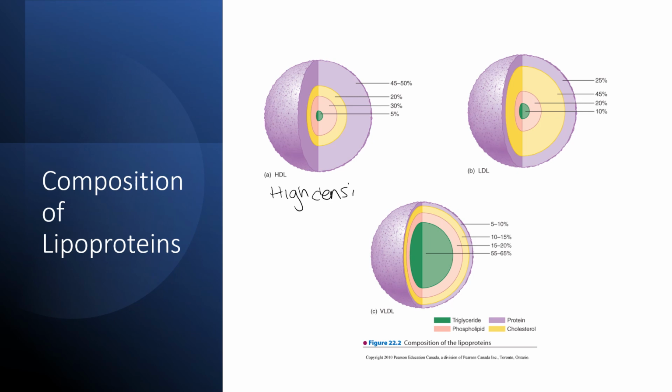LDL, which is low density lipoprotein. And VLDL, very low density lipoprotein. So we're really going to focus on HDL and LDL, the high density and the low density lipoprotein.